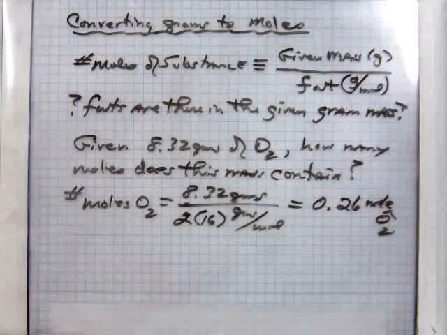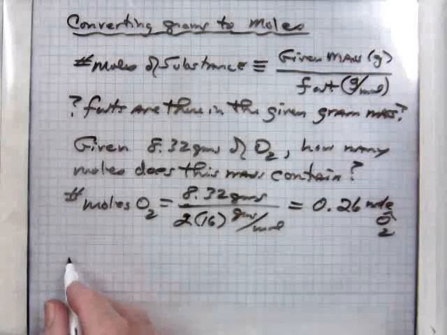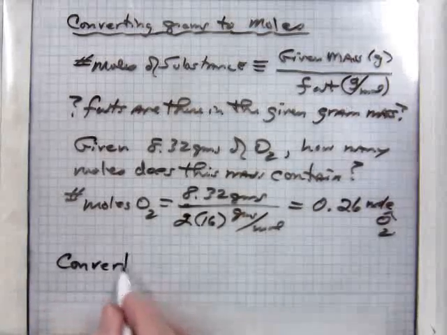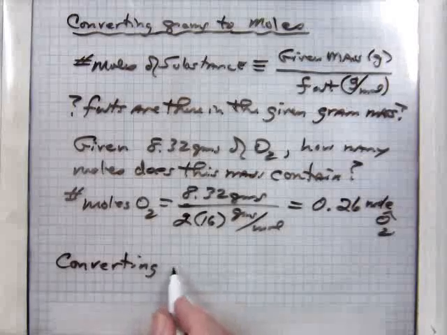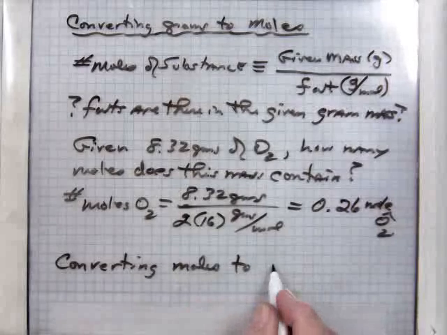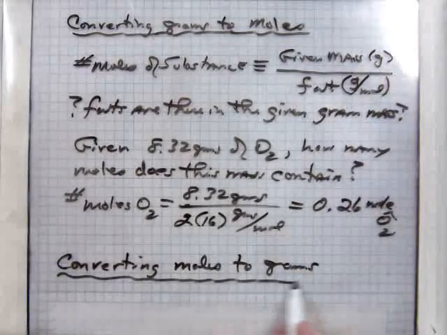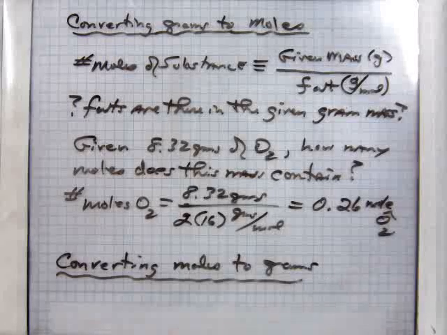The other side of that is converting moles back to grams, and it's just the opposite of division, which is multiplying by formula weight. So converting moles to grams is the other side of this process.